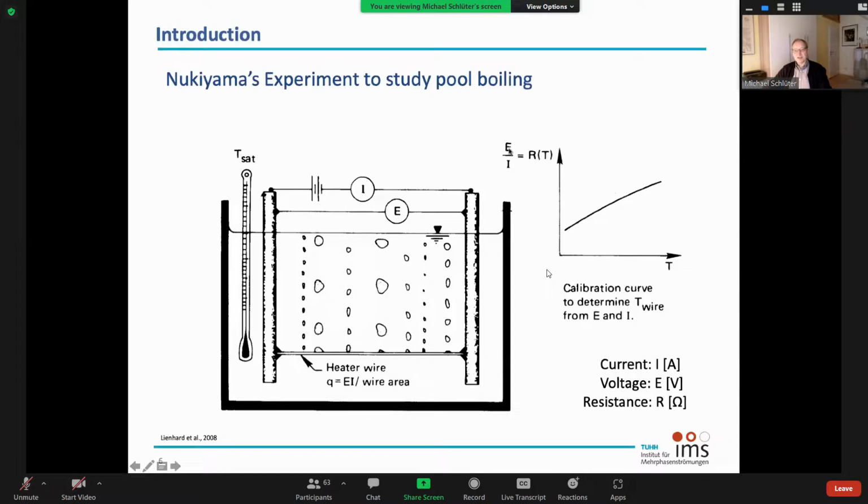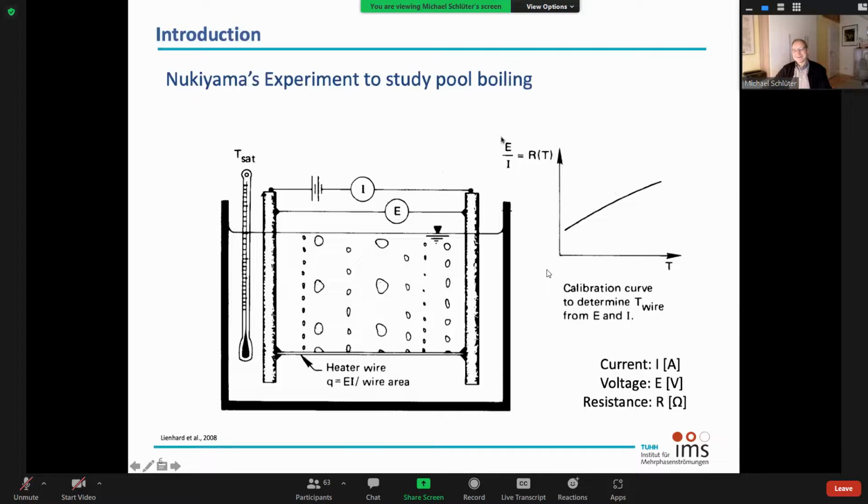And the potential, in Germany we call this U, yeah, this is die Spannung, U, this is the potential, this is the current, here is der Stromfluss. And as you probably remember from your electronic studies, we can calculate the resistance of the system, of this wire, by dividing U by I, yeah, URI.